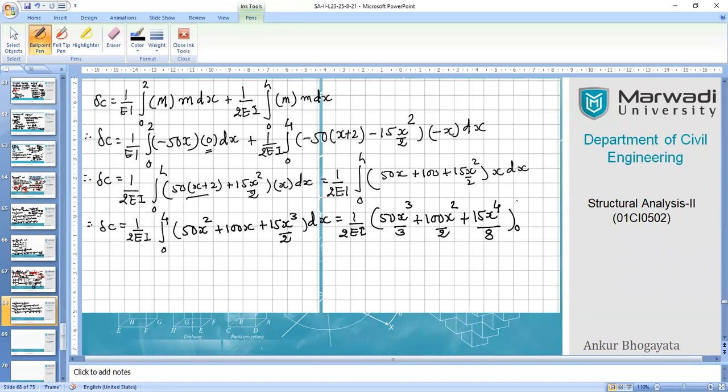Limit of integration is 0 to 4 meter. So now it's a matter of employing the value here. Delta C is equal to what? Who will give me the expression in terms of numerator and denominator as EI? You work upon that and tell me the answer.